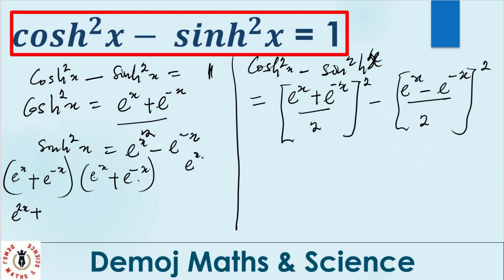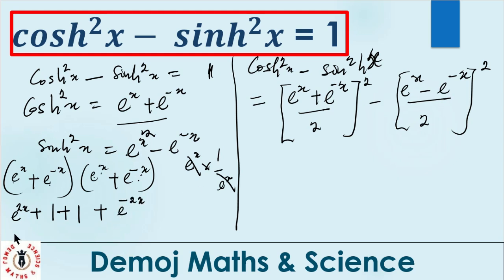Now this is what you're just doing: e raised to power x times 1 over e raised to power x, because e raised to power minus x is the same thing as 1 over e raised to power x. So this cancels itself and it becomes 1, plus e raised to power minus x times e raised to power x, again that's another 1, plus e raised to power minus x times e raised to power minus x. That's the square of it, which becomes e raised to power minus 2x.